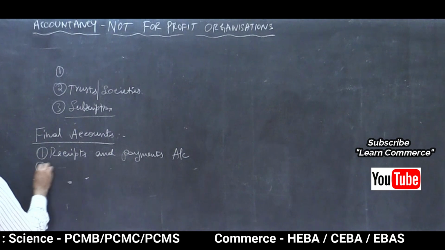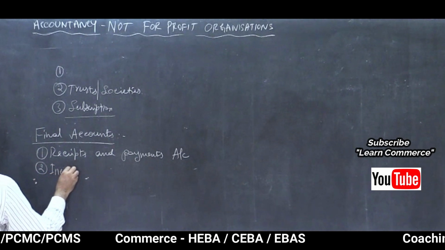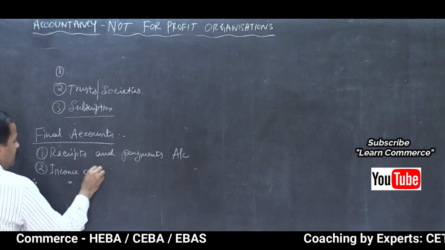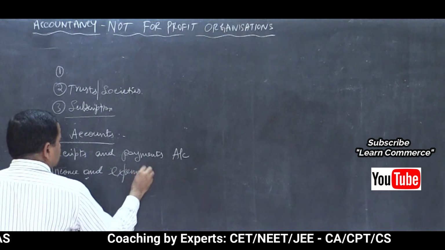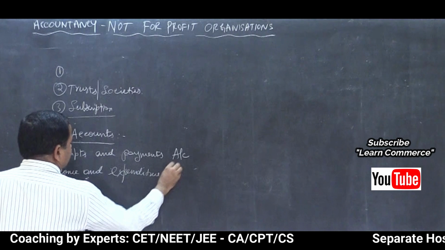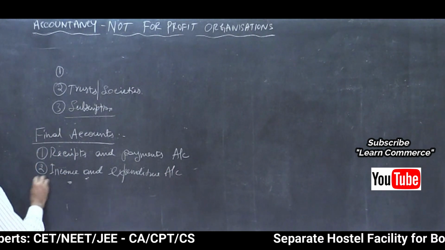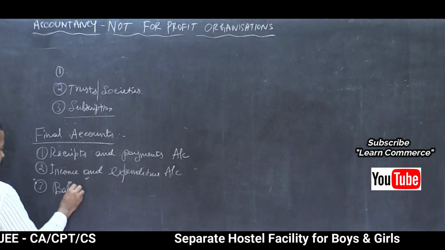Second one, income and expenditure account. Third one is balance sheet.